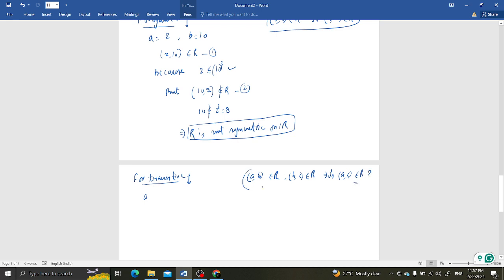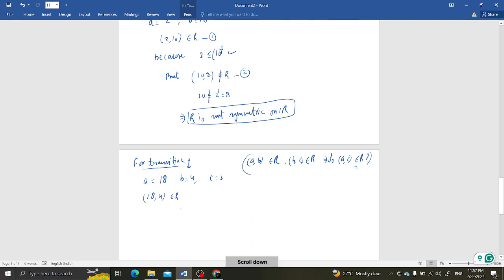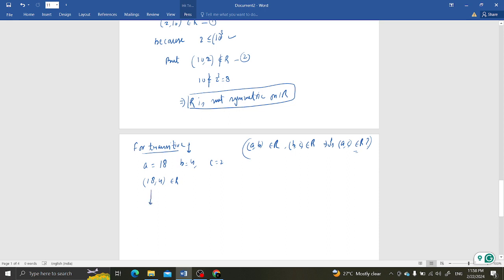This is our task. Now see here, again I have a counter example. If I assume a equal to 18, b equal to 4 and c equal to 2. See, (18, 4) belongs to R. Why so? Because 18 is less than or equal to 4 cubed, which is 64.